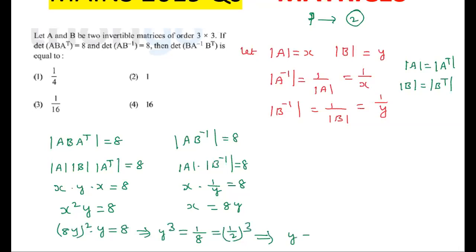Finally, what is Y value? 1 by 2. So this value substitute here, 8 into 1 by 2, that is 4. Finally, X value is 4, Y value is 1 by 2.